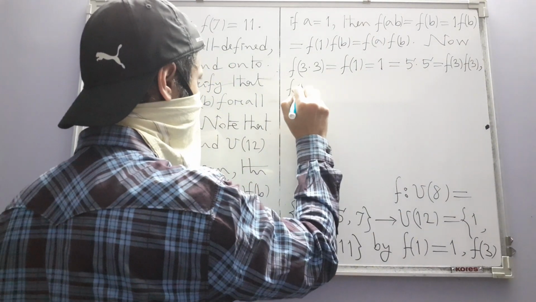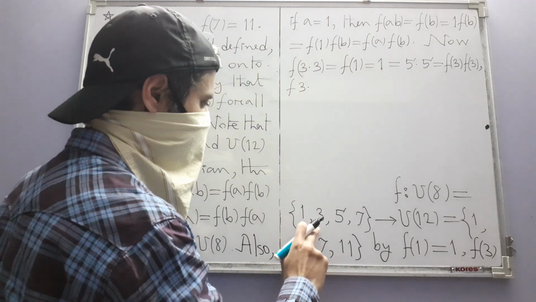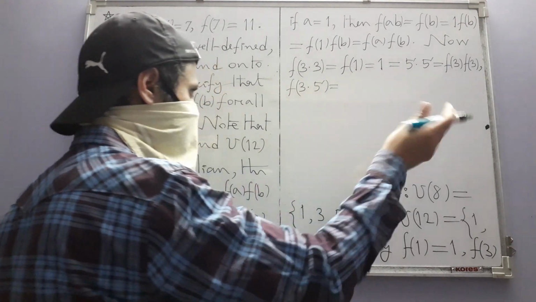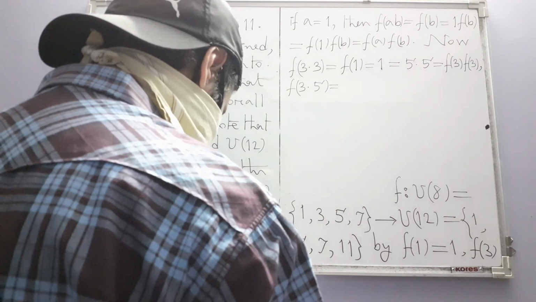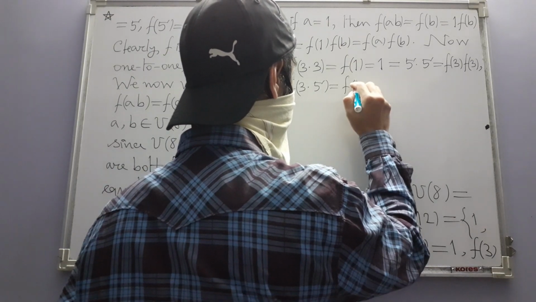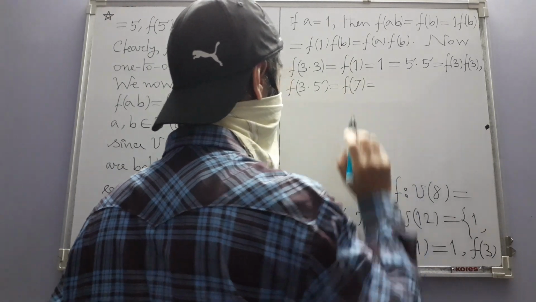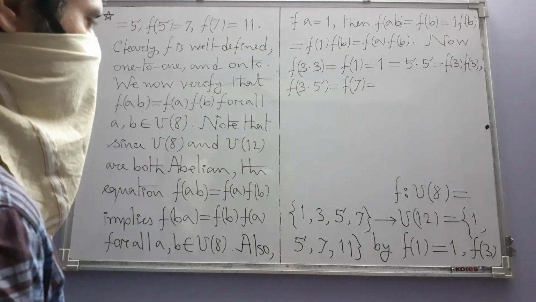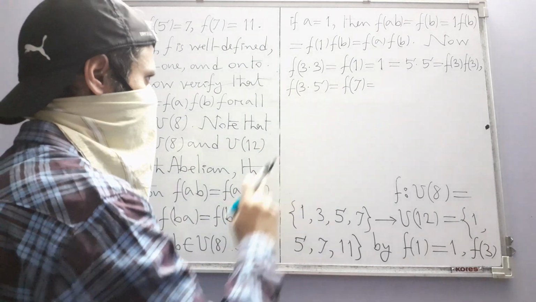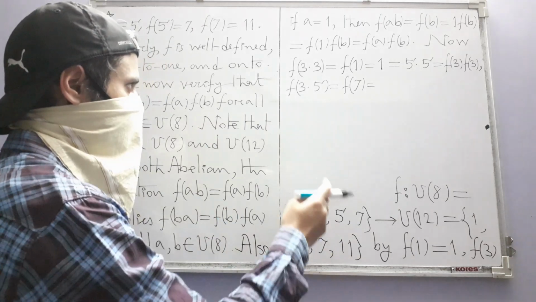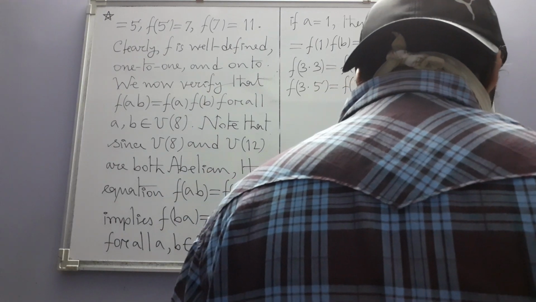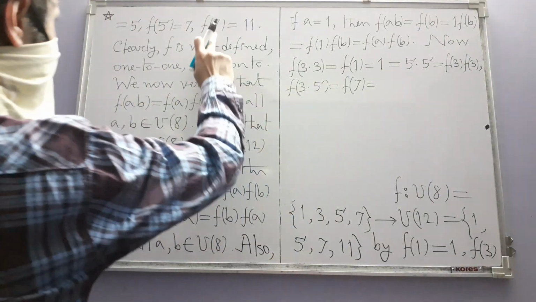Then what about 3 times 5? If we simply carry out the calculations, it turns out that this is 7. Why is it 7? Because it's 15, and 15 is 8 plus 7, so that is why it is 7. And f of 7 is 11.